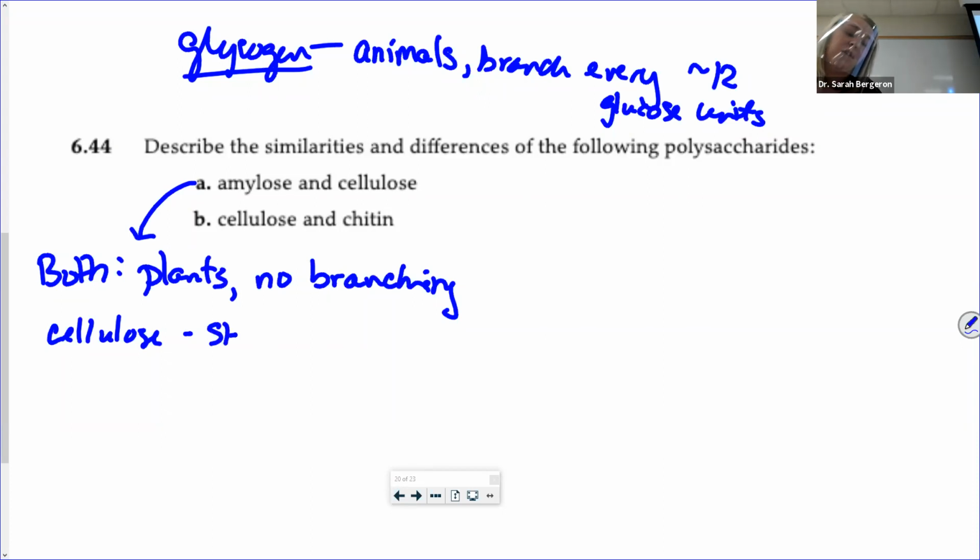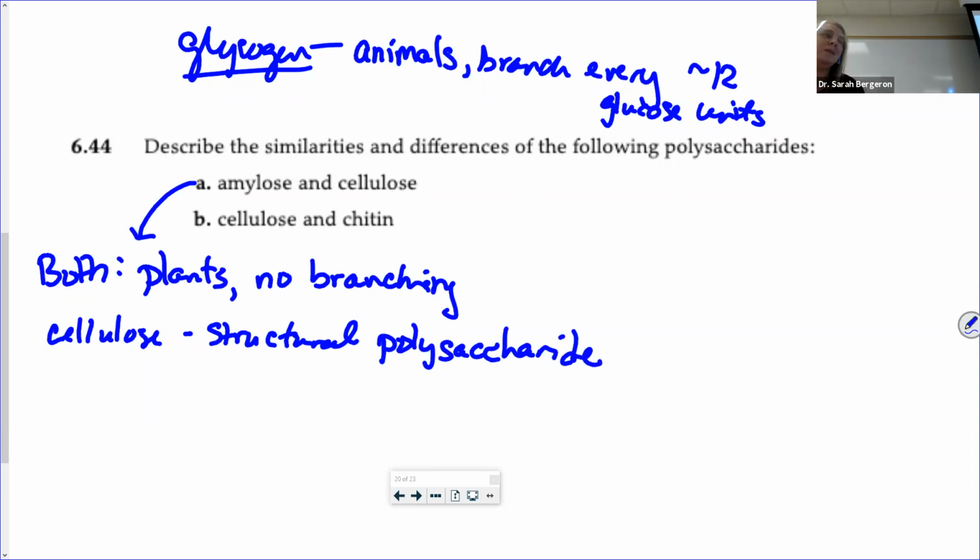So this is a structural polysaccharide, right? It makes up their cell walls and things like that to give them that plant shape, right? They don't have bones, so what makes a leaf look like a leaf? Cellulose, okay?